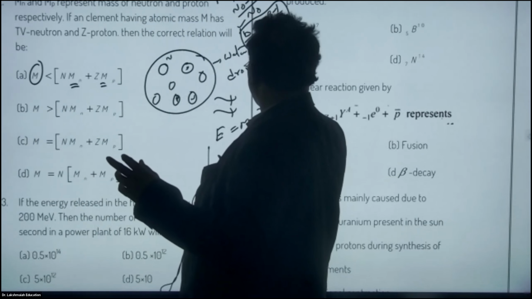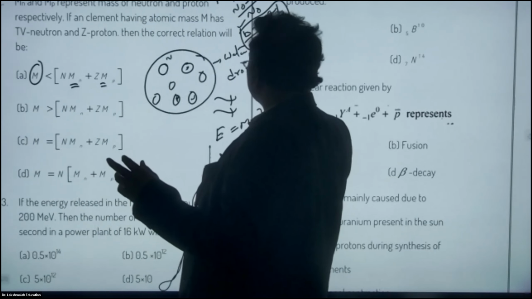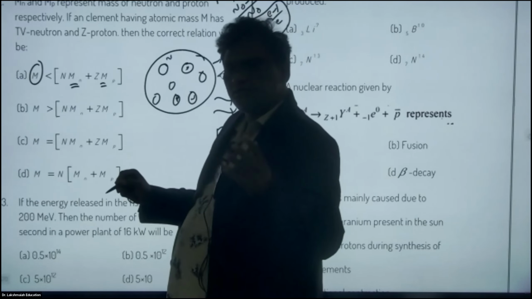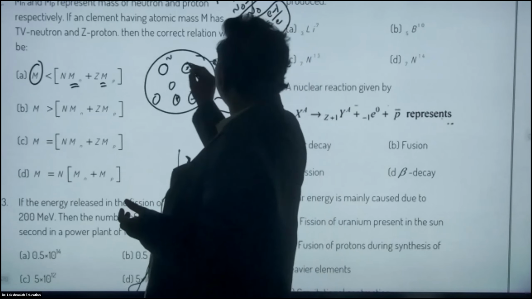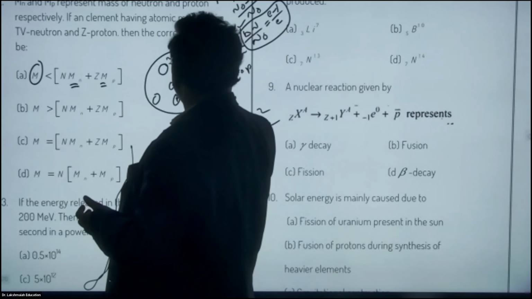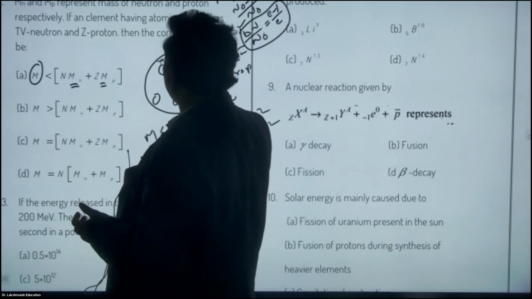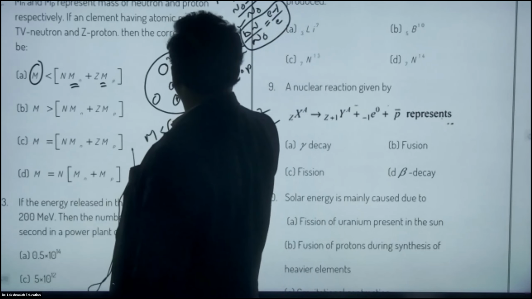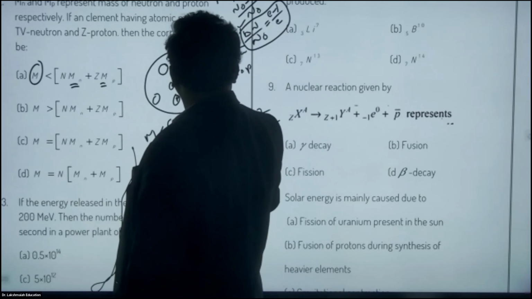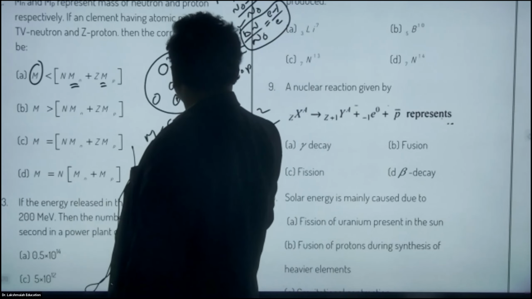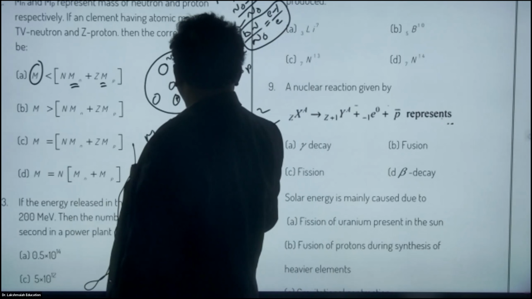This m is nothing but delta m, means some mass should be converted into energy. So the effective mass, capital M, is less than the sum of (A minus Z) into mass of neutron plus Z into mass of proton.